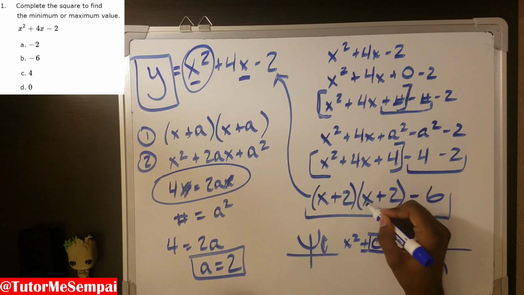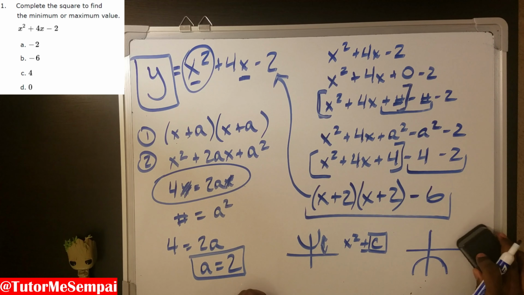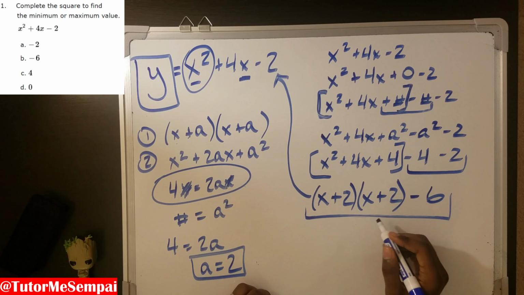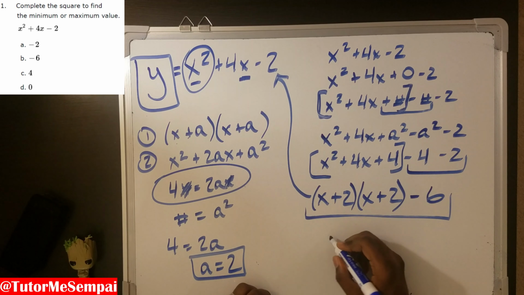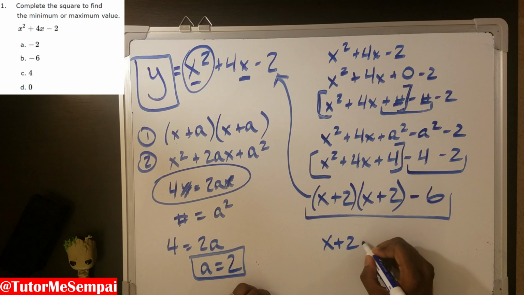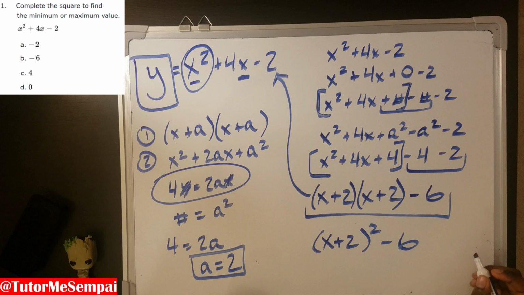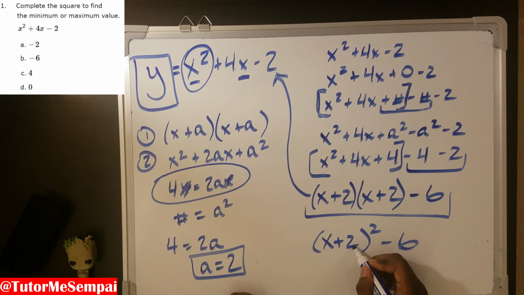Well, this can be rewritten in this form because they're both the same and they're both being multiplied to each other. x plus 2 squared minus 6. Well, x plus 2 squared, that's just shifting things to the left and the right, right?